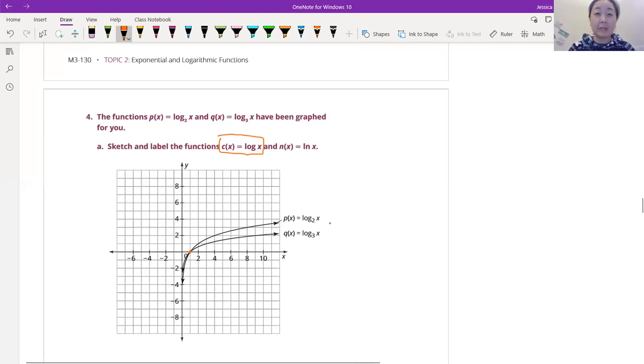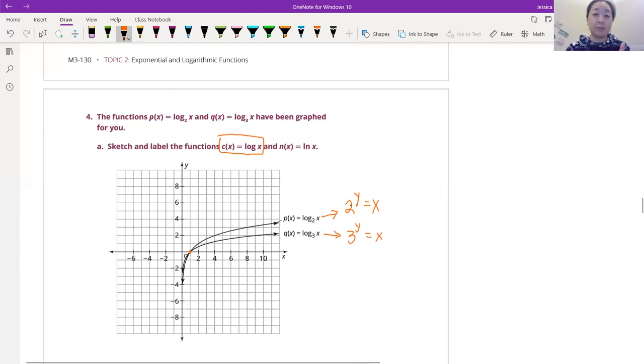I like changing this to the exponential form, just because it's easier for me to wrap my head around it. So remember it's base 2 to the y power is equal to x, and this one is base 3 to the y power is equal to x.